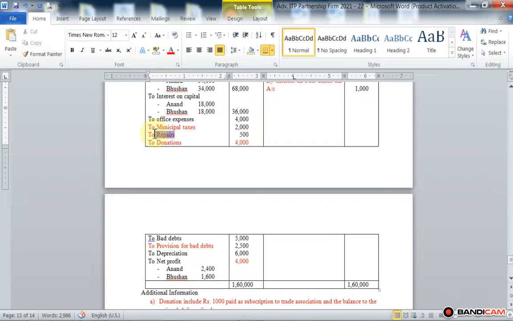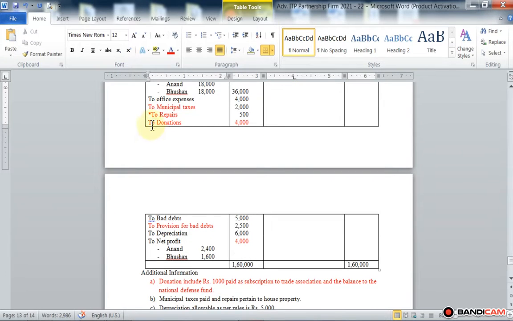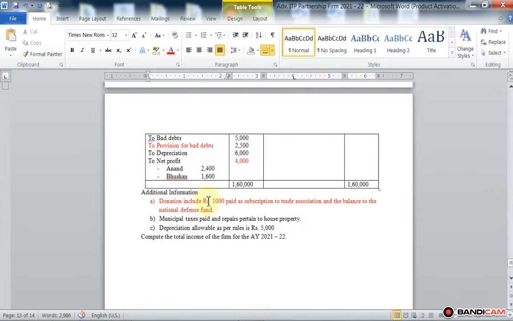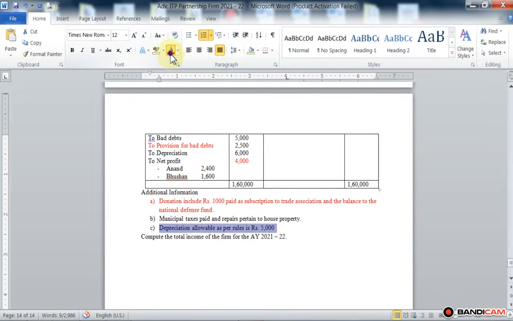So make a star in front of repairs, because additional information is provided. As well as we make a red mark on repairs, because repairs is not an expenditure relating to the partnership firm. It is an expenditure relating to the house property, so it is disallowed.